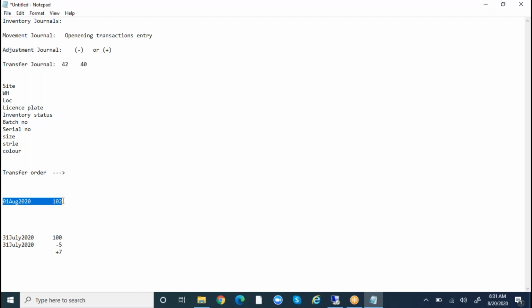Yes, please. That's what I'm concerned about, for example, the +7 you cannot post on the date of August 1st. It has to be 31st July. Is it right? No, you can post actually.